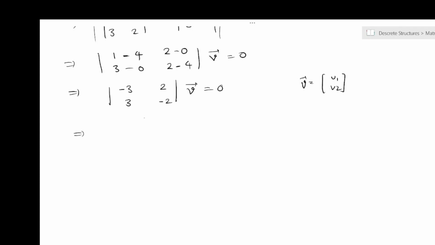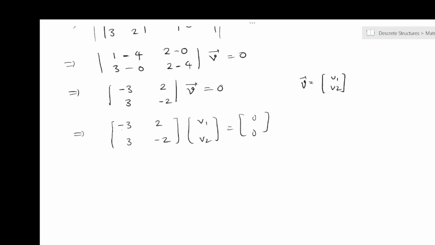This implies [minus 3 2; 3 minus 2] times [v1; v2] is equal to [0; 0].